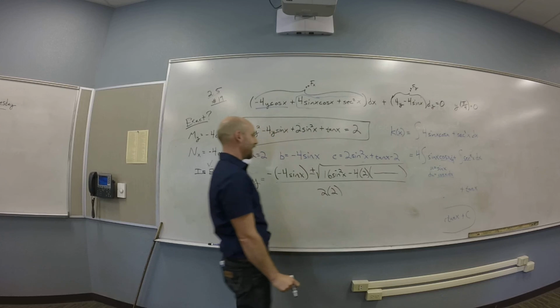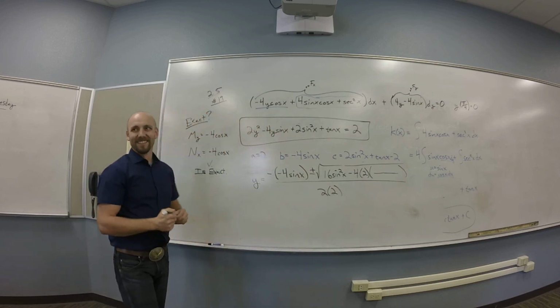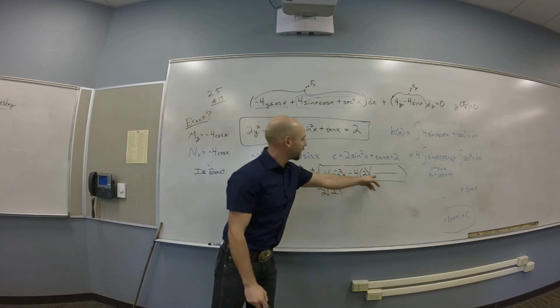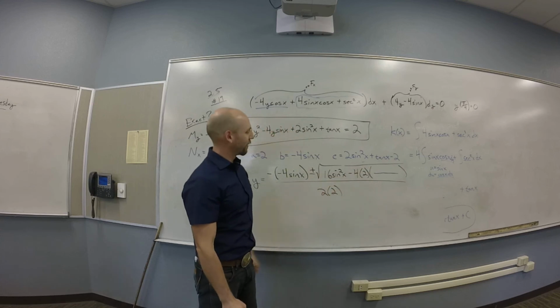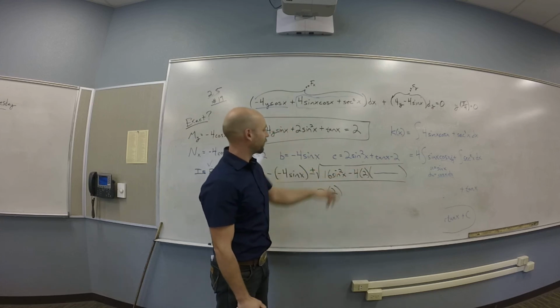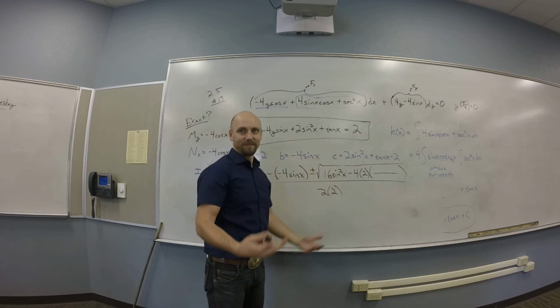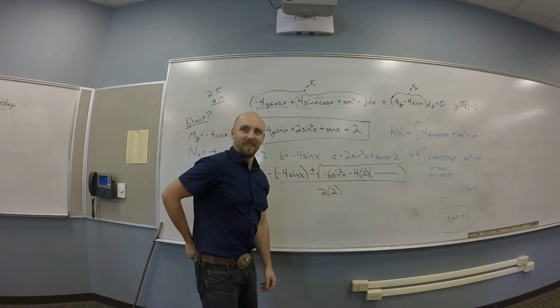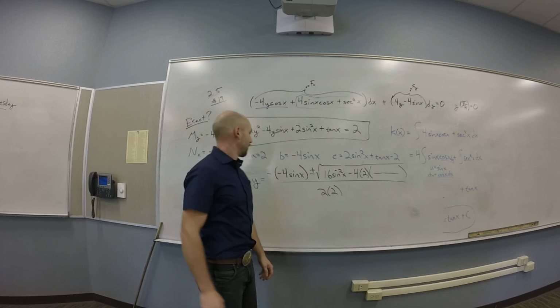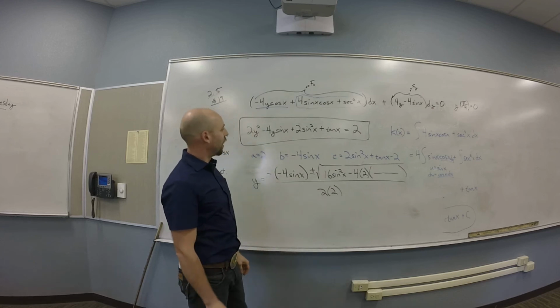Well, at least the denominator's easy. And then you multiply this out, and you probably notice a trig identity in there. Oh no, the sine squareds cancel. Yes, and you have to pick, because of your initial condition, either a plus or a minus.